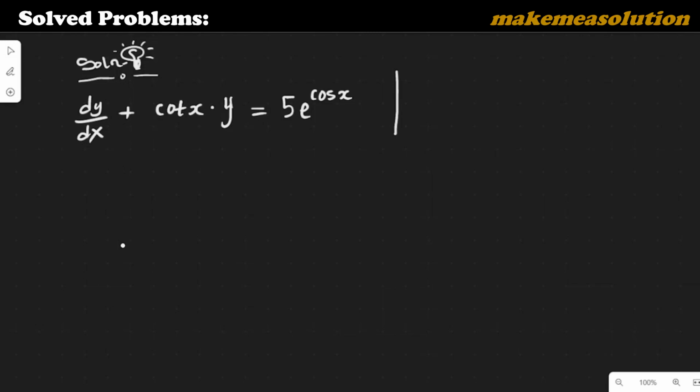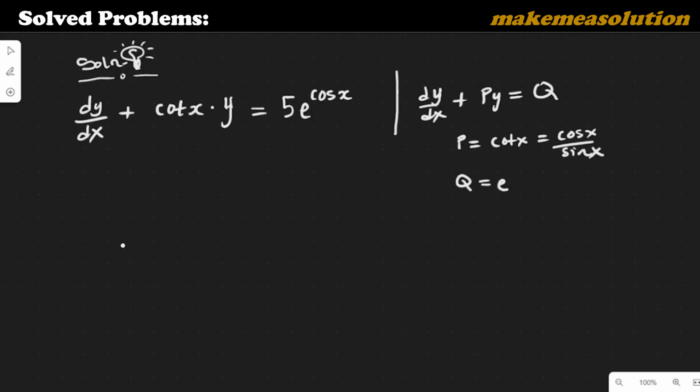We have dy dx plus py is equal to q, and in this case our p is cos x over sin x, and our q is 5 exponential cos x.